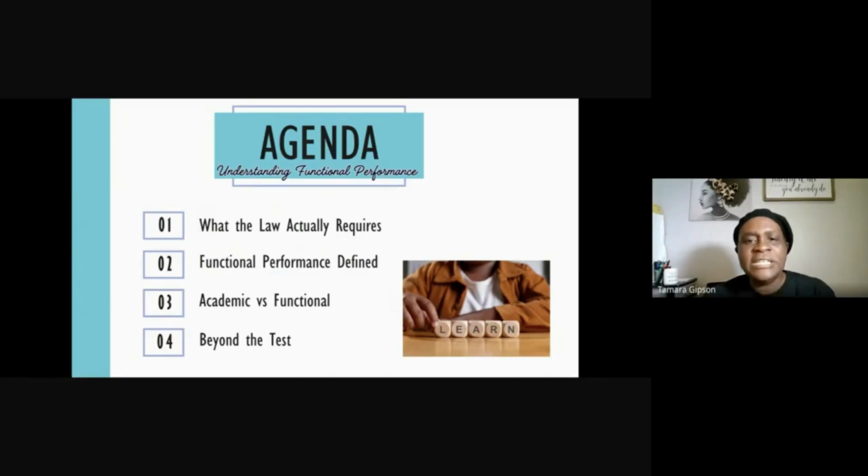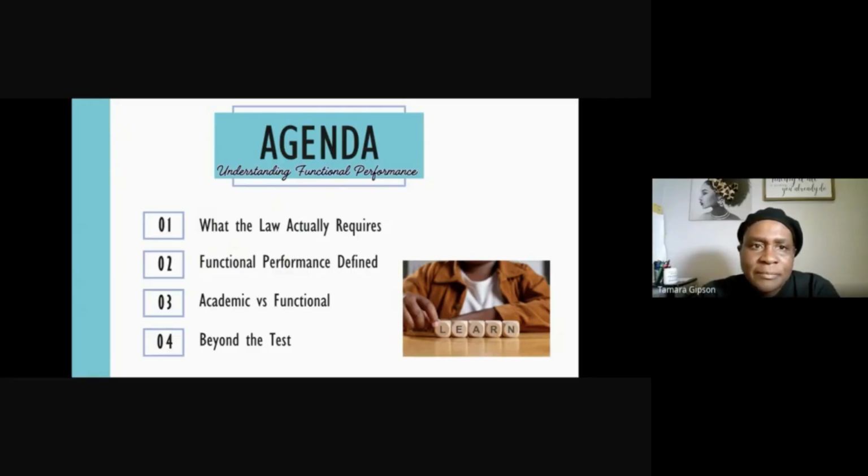I'm going to lead into some scenario practices so they help you define and really understand this concept. And finally, we're going to talk beyond the test, because you are going to be a specialist, a professional. And for those who are not preparing for this test, but need to know more about the inclusion students in your class, this is going to be great information.